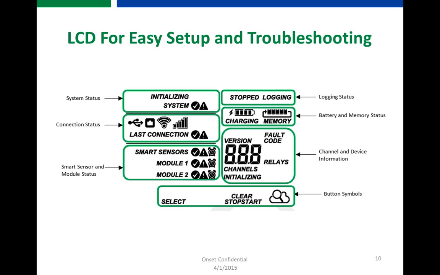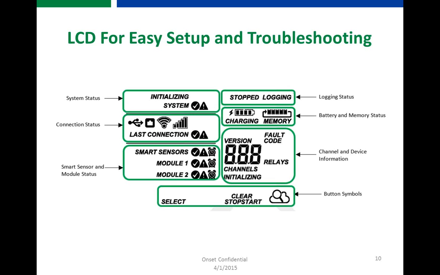An exclamation point alerts you to a problem with the device or the specific sensor. The next box on the left is the connection status. Each of these icons represents how the device is connecting to the web or to a host, and will show you signal strength, as well as will flash when an active connection is happening.